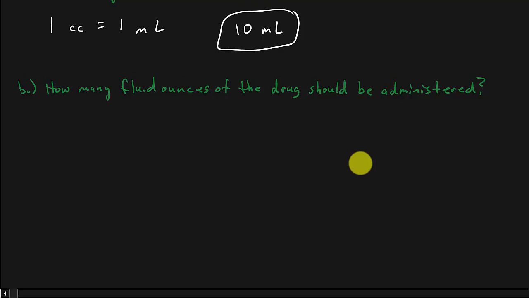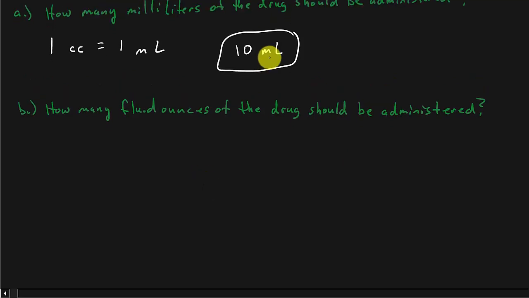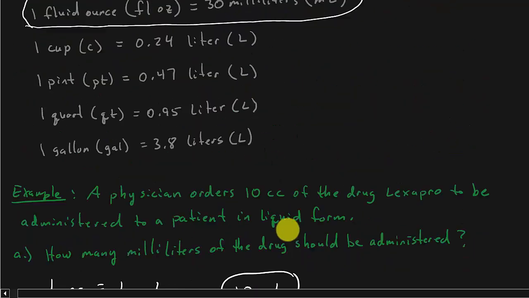So let's look at this. I want to go from 10 milliliters, put that over 1, and then I want the milliliters to cancel out, and what goes on top? Well, the fluid ounces. And what was it? I forgot.